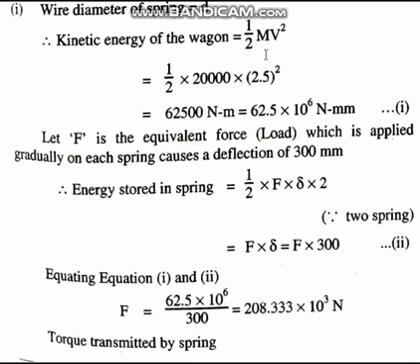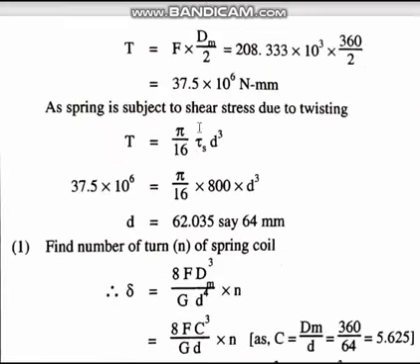Okay. Then torque transmitted by the spring, that is T is equal to F into Dm by 2. F we have just now calculated, into Dm by 2, so you will get the torque. Okay. Now T we have as 5/16 tau d cube. From this you can get the wire diameter d. Okay.